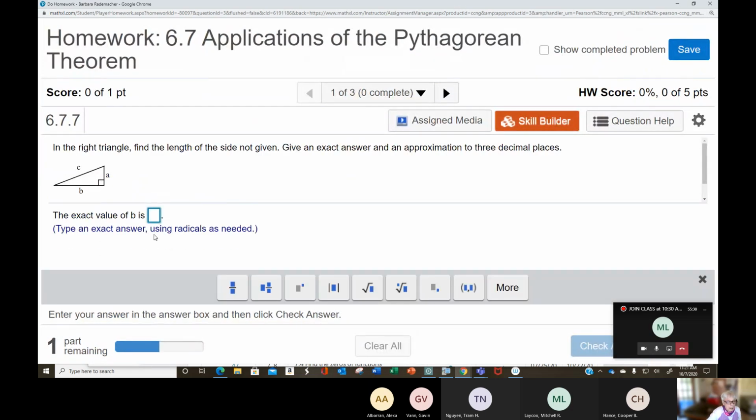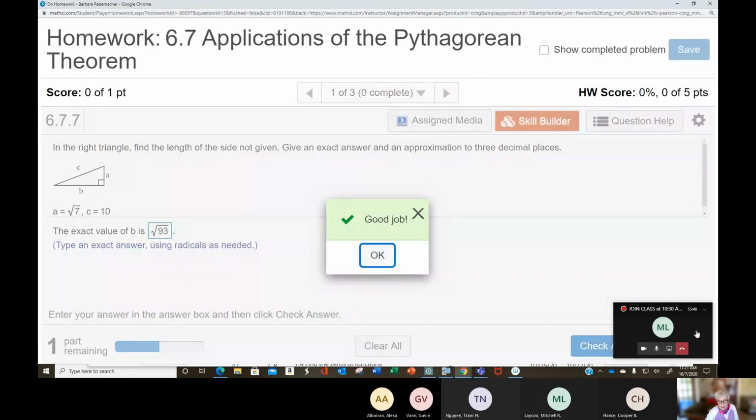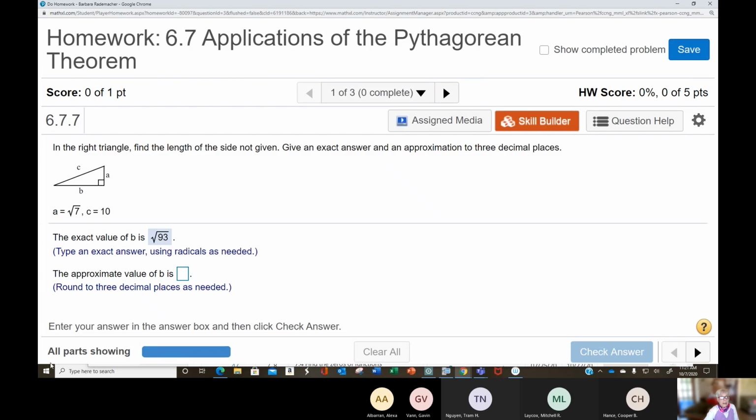Okay, I'm going to go to the square root 93 and check my answer. Good job, Barb. Now give an approximate answer, and you have to read the blue words because it tells you what to round to. It says round to 3 decimal places as needed. Okay, that means I need a calculator.